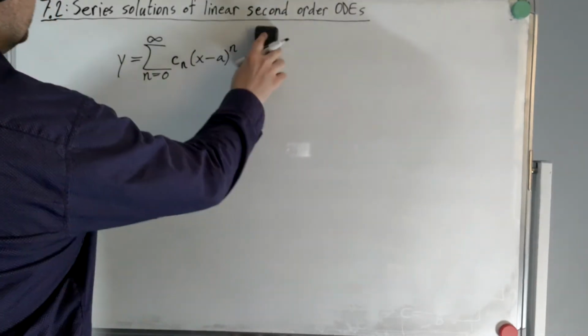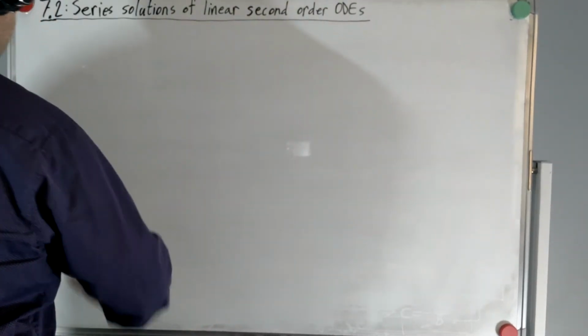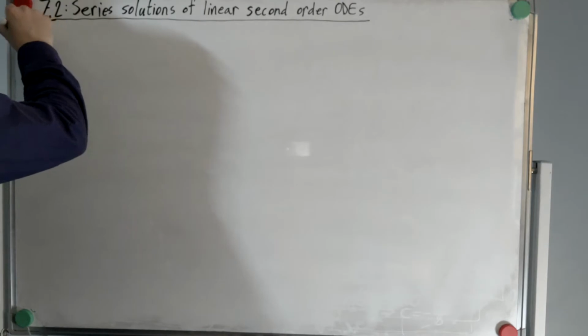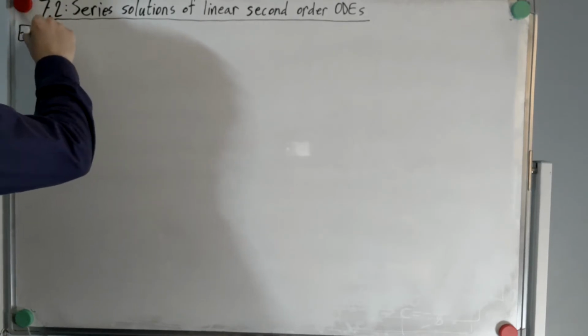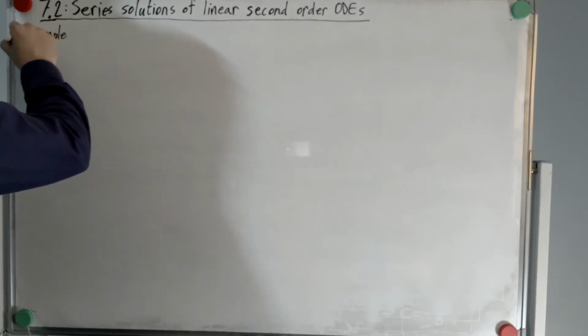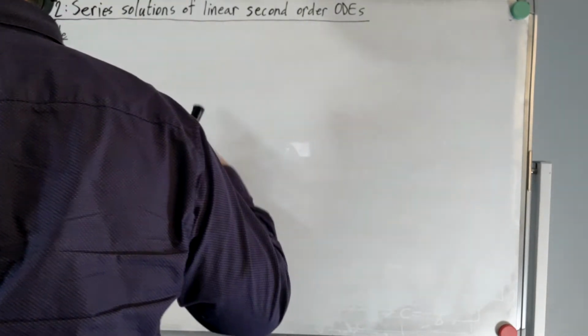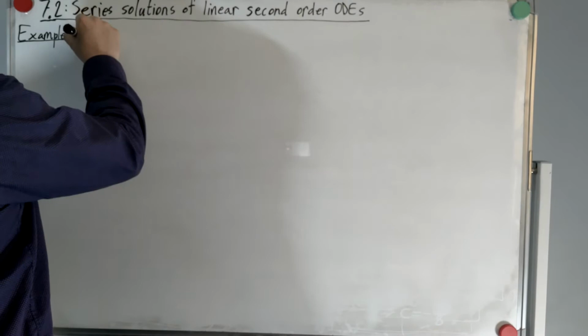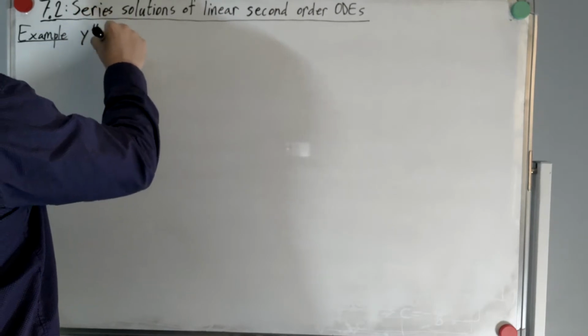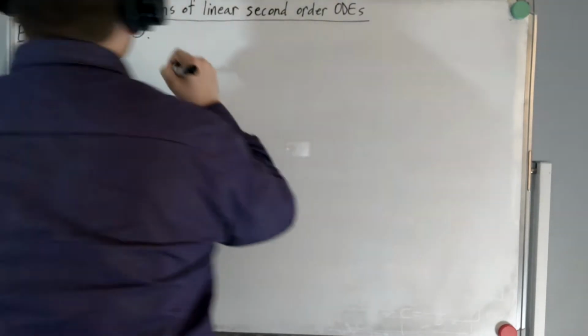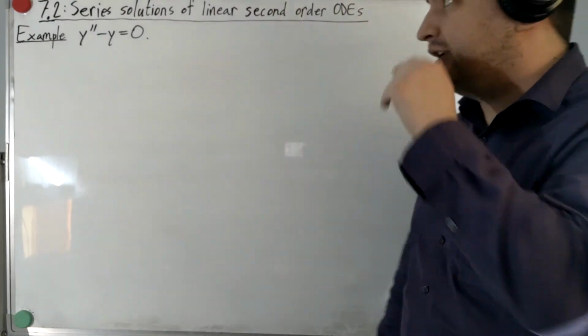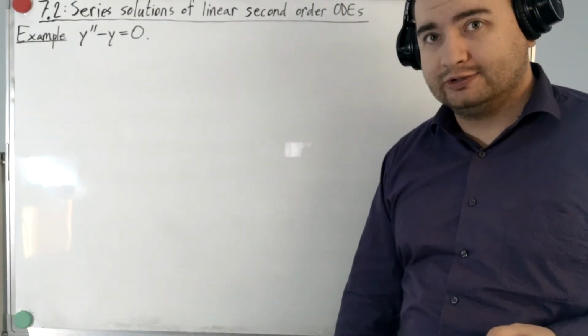So let's talk about some examples of how to go about that. We're going to start with an easy example that could be more easily handled by the characteristic equation, but it illustrates the method of how this works. So let's say we're starting with y'' minus y equals 0.